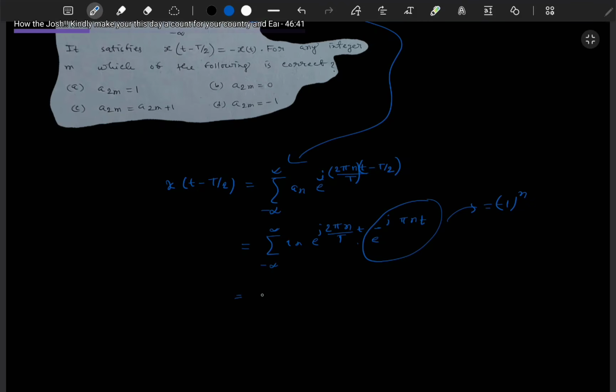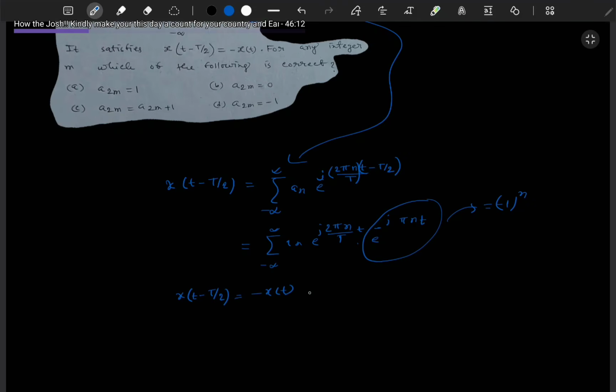So it will become, and in the problem it is given this.